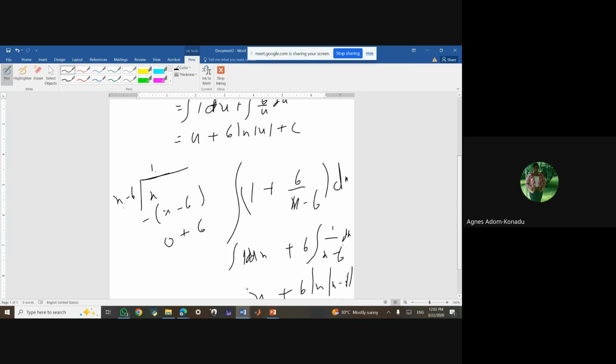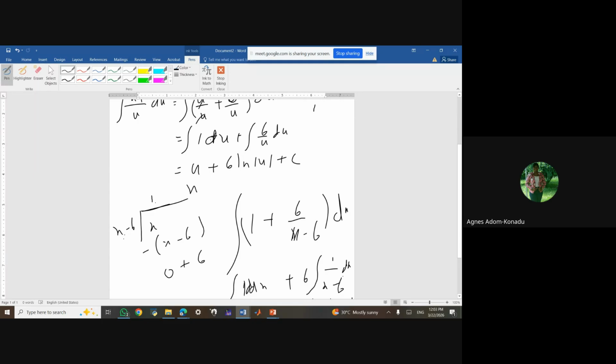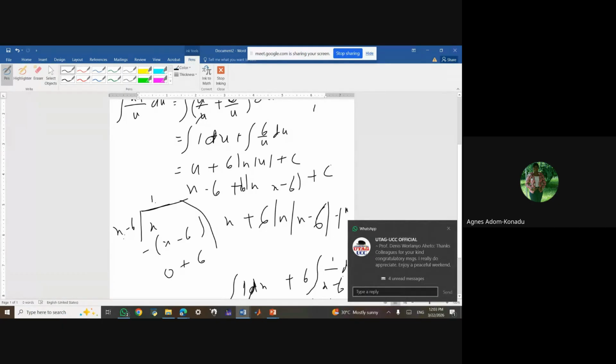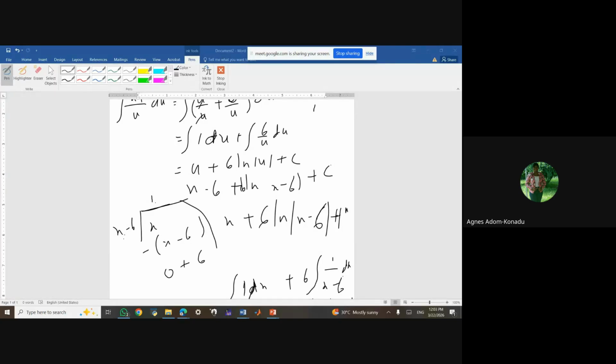So when we come here, this u is x minus 6, then plus ln of u, where u is x minus 6, then plus c. We know that our c is a constant, and then I can rewrite this as x plus 6 ln|x minus 6| plus c, which is still a constant. It's the same constant, so you can write it as c or k.